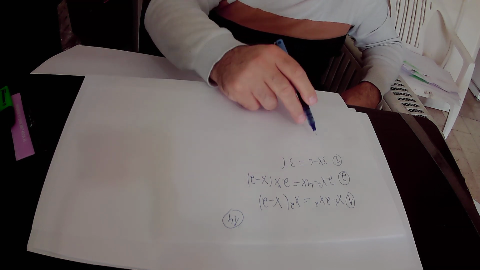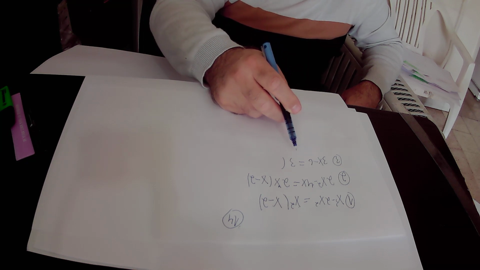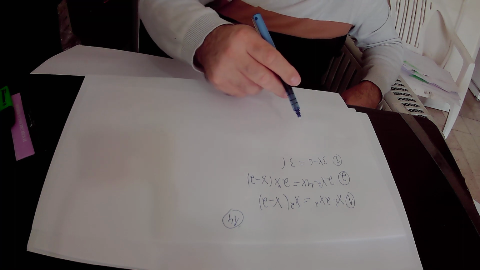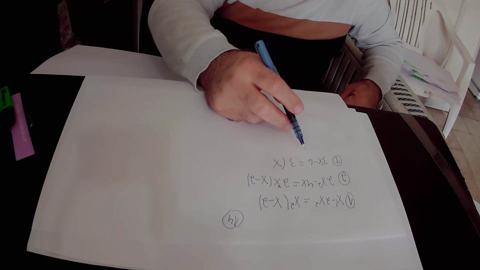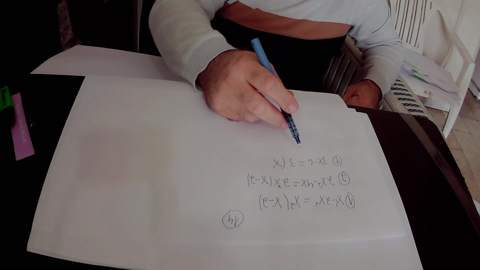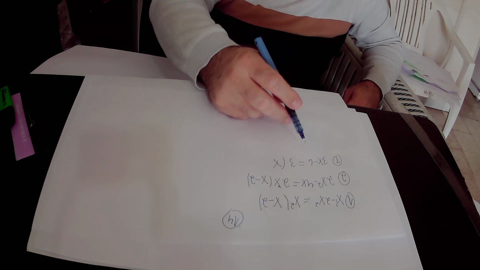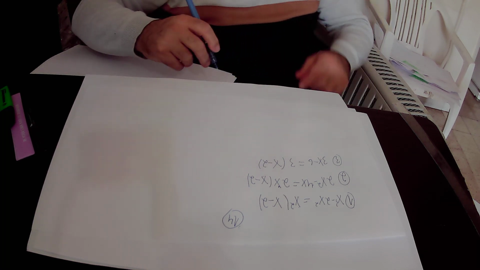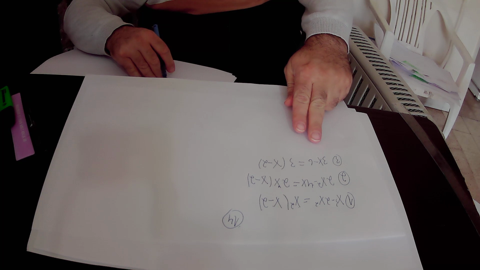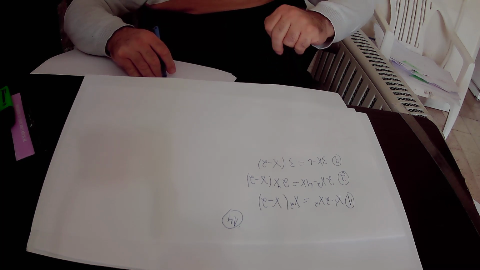So what is left from 3x after we took a common factor of 3 from it? It is actually x. And what is left from minus 6? It is actually minus 2. So in total we found out that 3x minus 6 equals 3 times x minus 2.